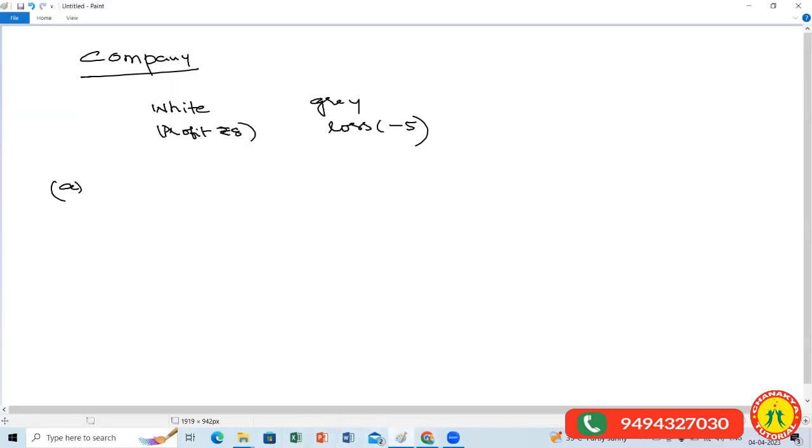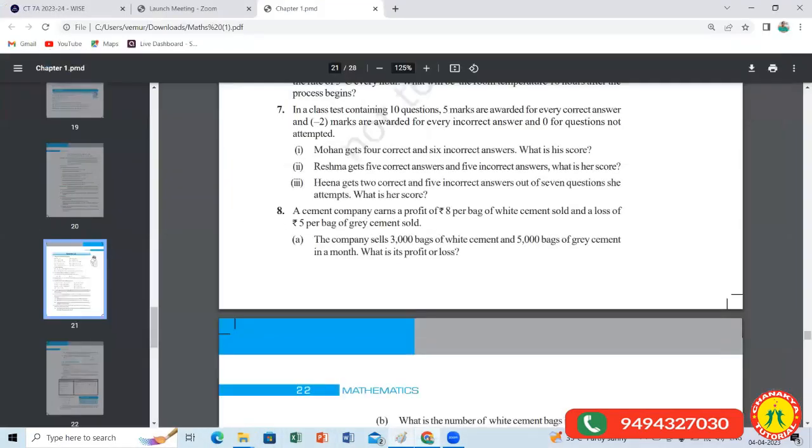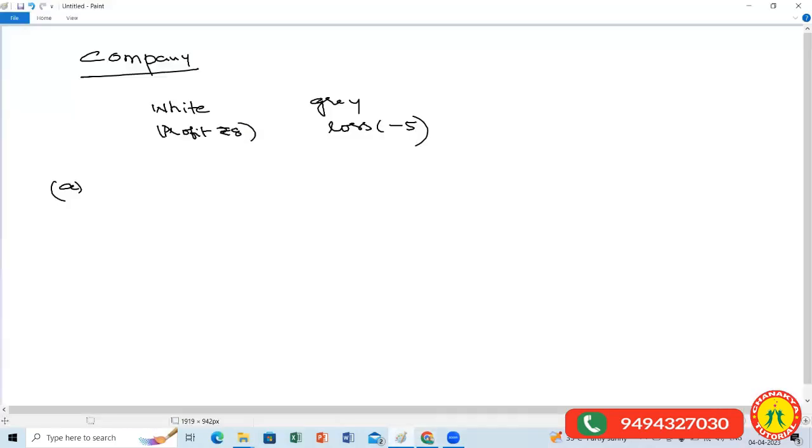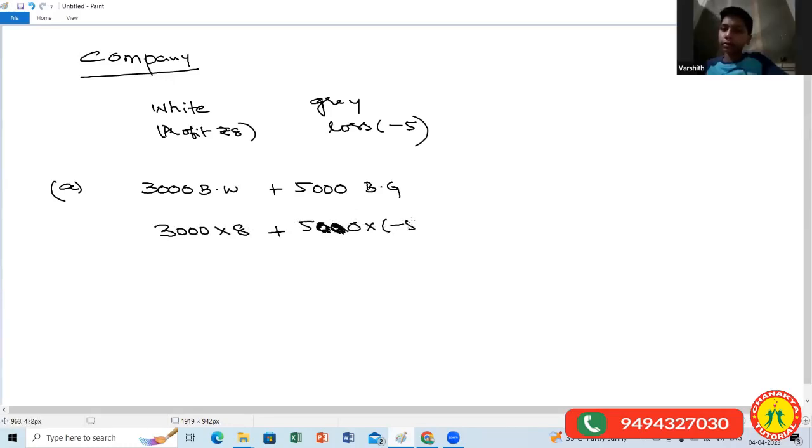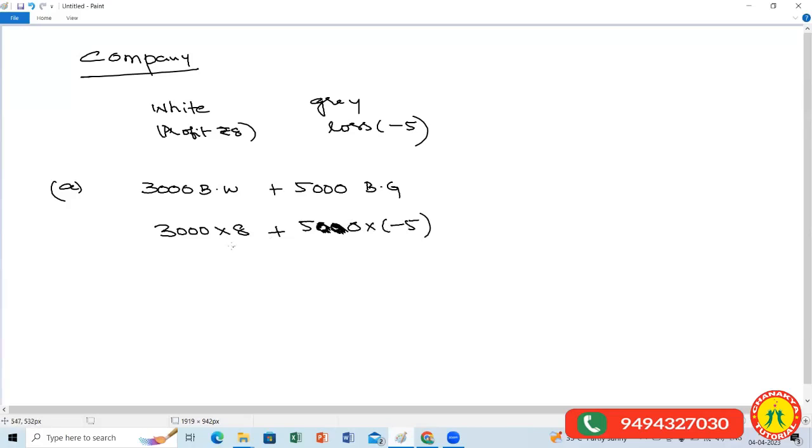A company sells 3,000 bags of white cement and 5,000 bags of gray cement. So for 3,000, how much profit is it getting, children? 3,000 into 8. For 5,000, how much loss is it getting? 5,000 into minus 5, because loss. 8 3s are 24,000.